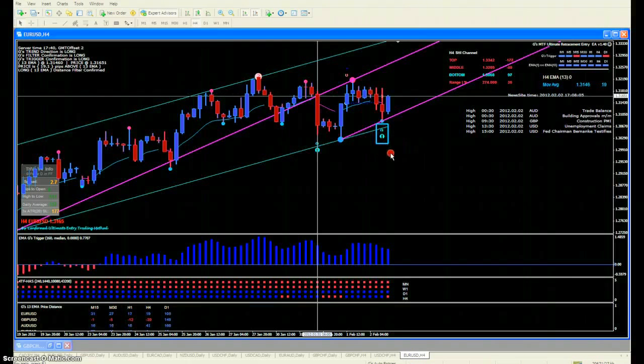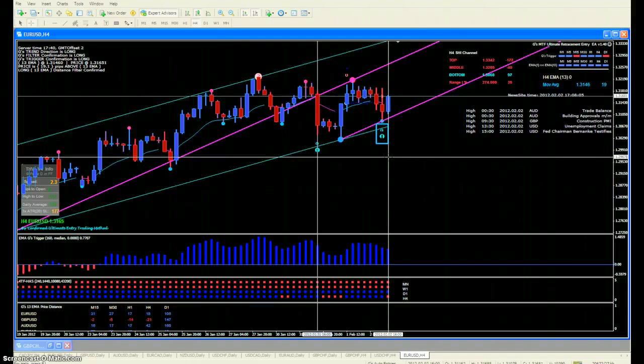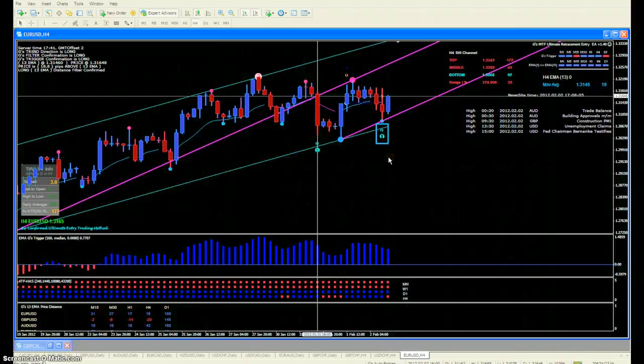So it's looking like we might get an entry here. Going to see if this enters here. If we do, you'll see a line appear here that says buy.